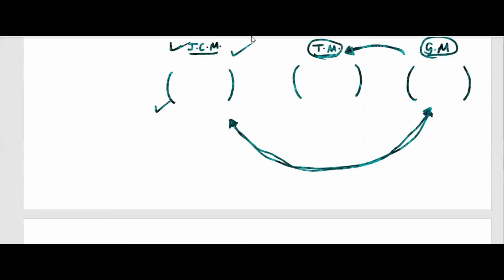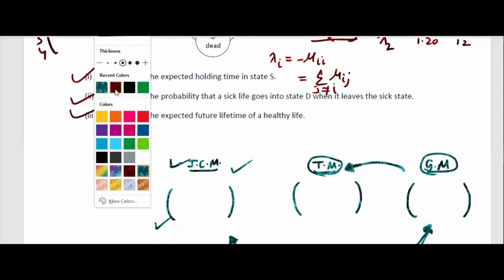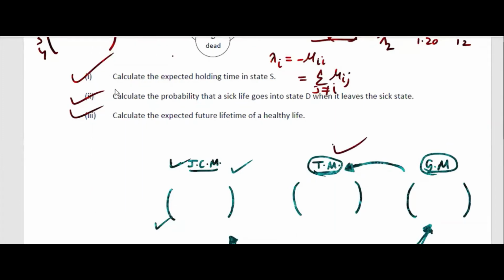From the generator matrix to the transition matrix, can you get it given a continuous time stochastic process? So you can always find these transition matrix probabilities from the generator matrix.